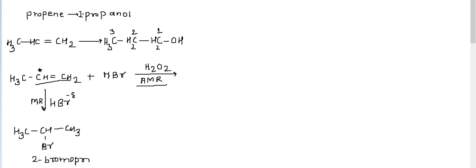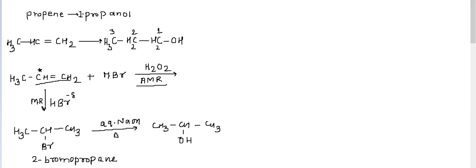And if we do further reaction with aqueous alkali, then this Br will simply get replaced by OH. If we react it with aqueous NaOH or KOH or Ag2O, any, with heating, then we get CH3CHOHCH3.